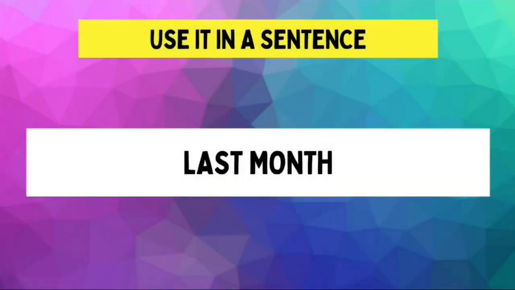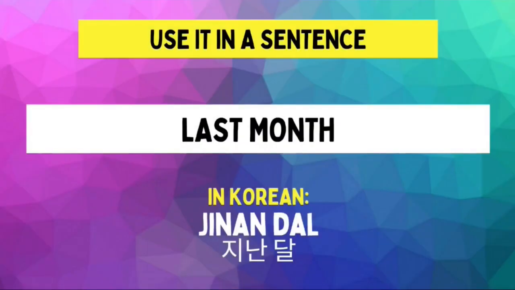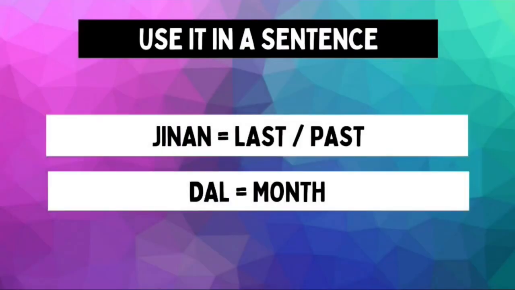Now let's try to look into this example English phrase. It says, last month. The Korean translation of this is the phrase which is mentioned at the beginning of this video, which is 지난달. The 지난 part is used to say last or the past.